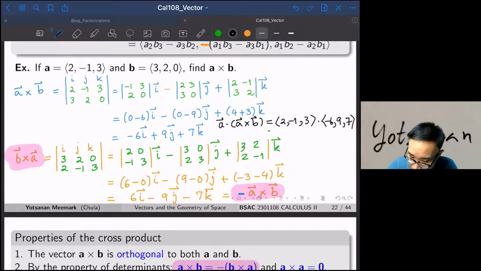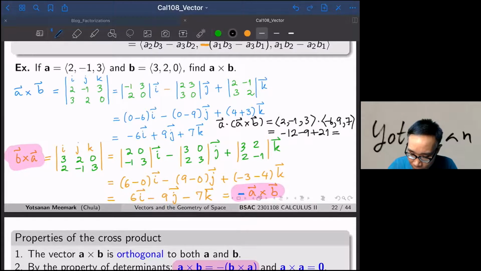So this becomes -12 minus 9 plus 21, and it turns out to be 0. So you see that A dot (A cross B) equals 0.